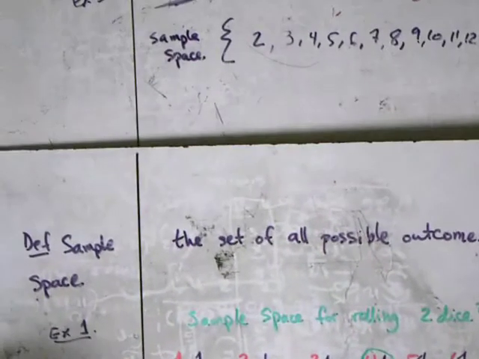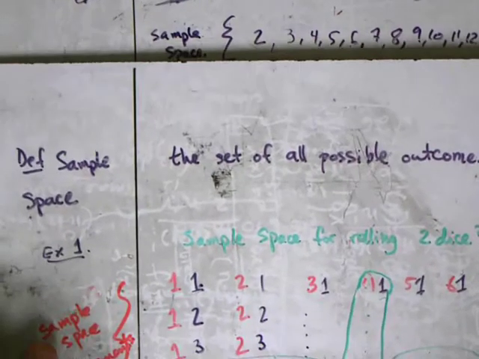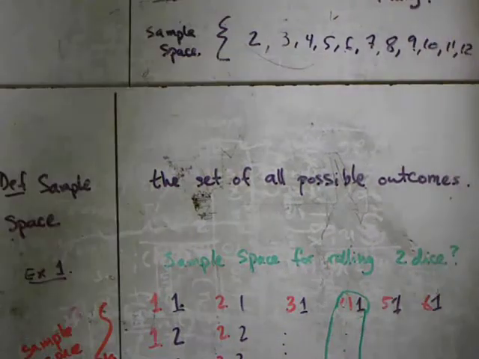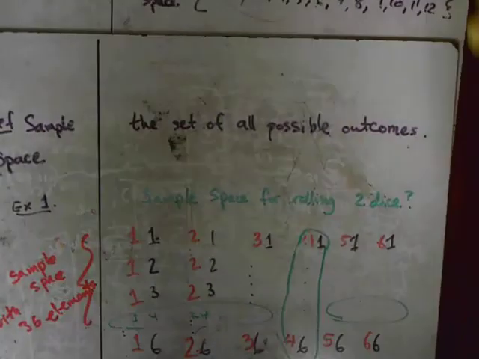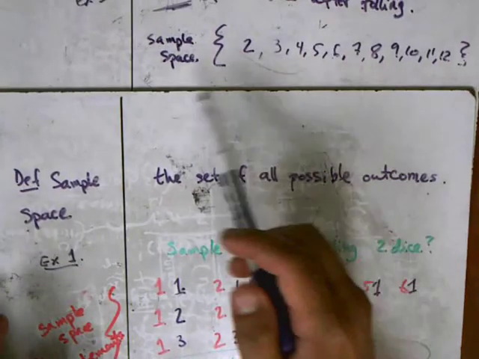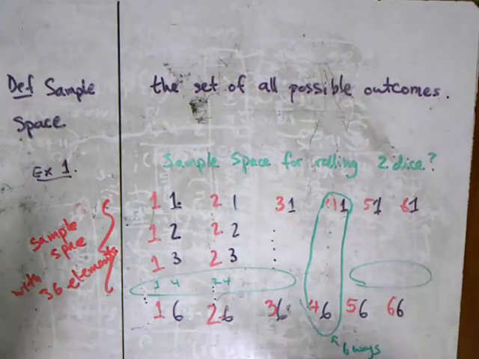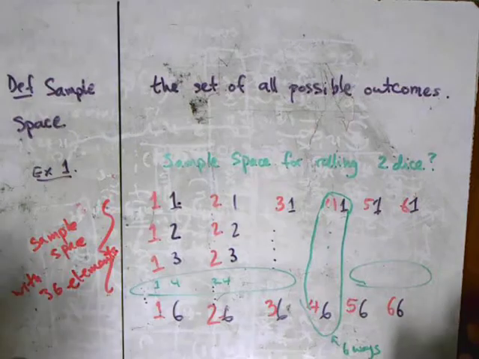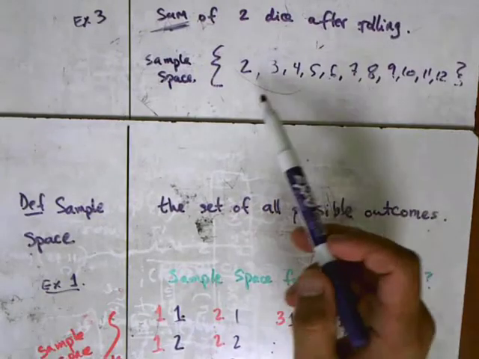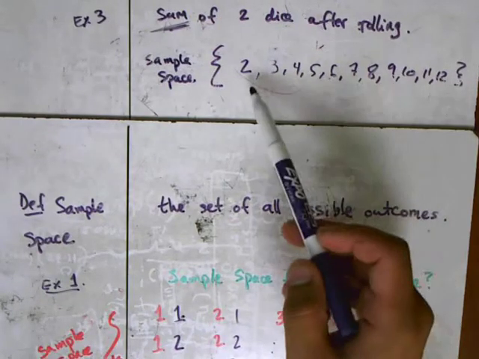Okay, this sample space here with the sums, and this sample space that I had down here where we list all the possibilities, they're really the same sample space. The difference is that we organize these differently. We just look at the sums.